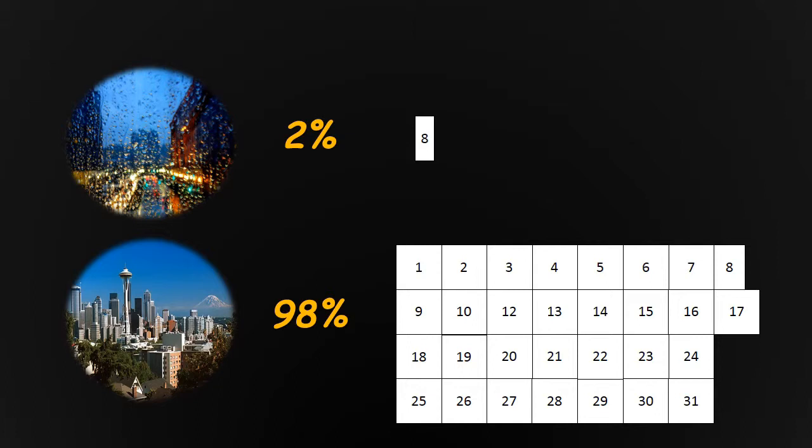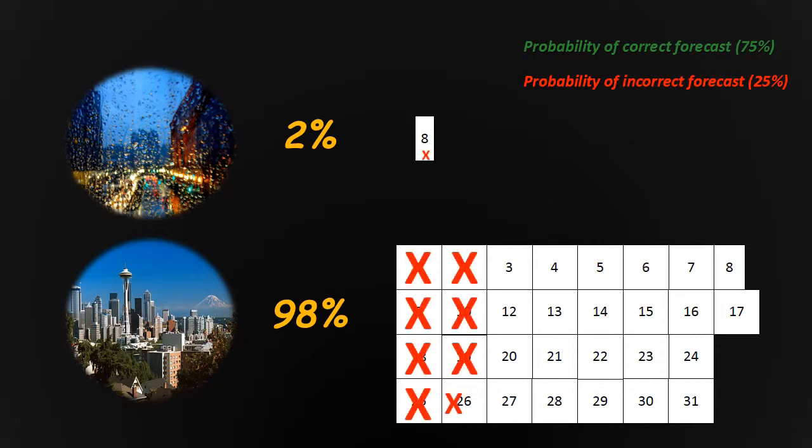Regardless of whether it rains or shines, the forecaster will provide the correct forecast with a probability of 75%. What I'll do is mark out the 25% days where the forecast is then incorrect. And now, like on the previous slide, I'm going to convert this information into forecasts for each representative day.